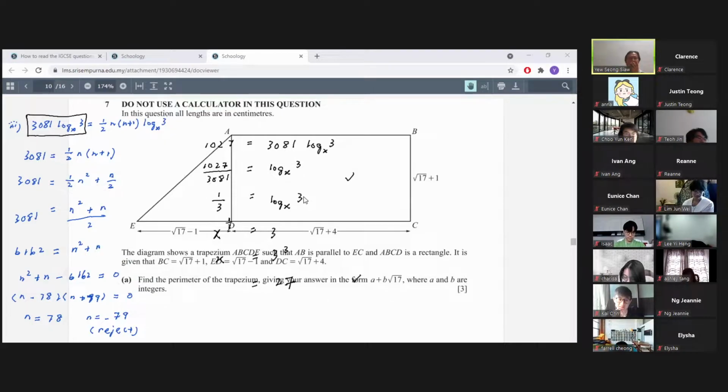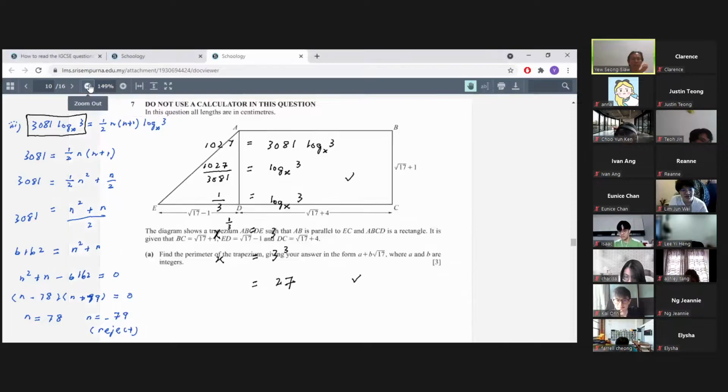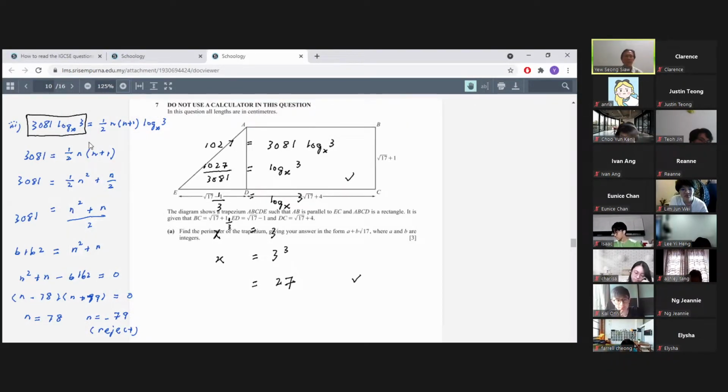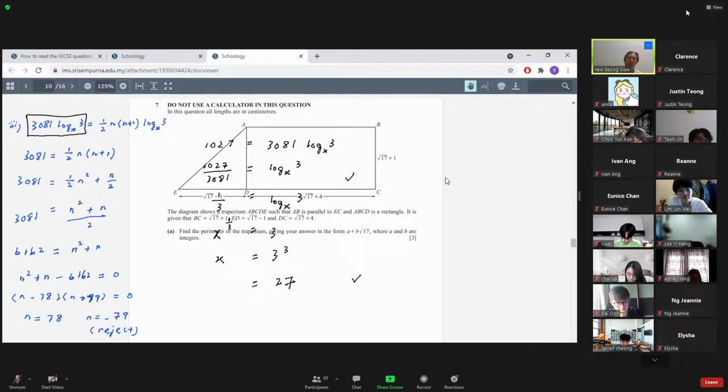Next is, you see the diagram, you already know what the question is. Quite familiar, this question. Junior, do you know how to do this?